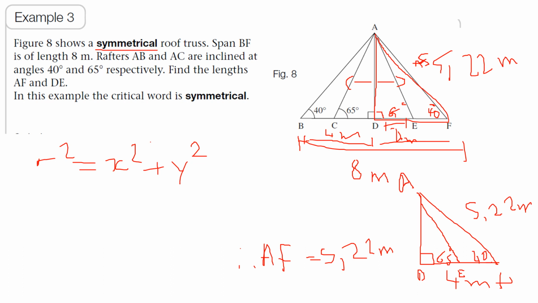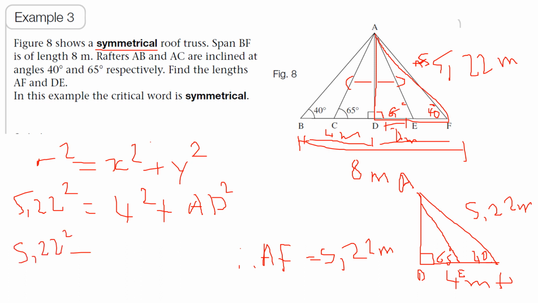So when you substitute, your hypotenuse side is 5.22 squared, equal to 4 squared plus AD squared. When you transpose, it's 5.22 squared minus 4 squared is equal to AD squared. You just use normal math, apply a square root, and you get the value of AD.